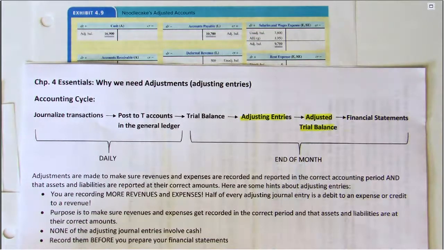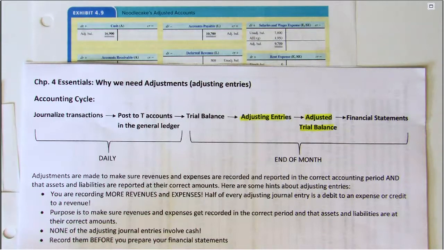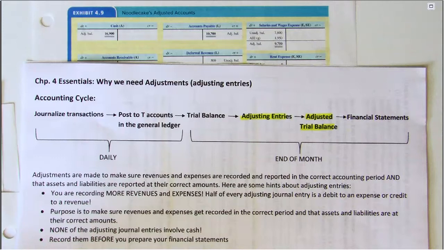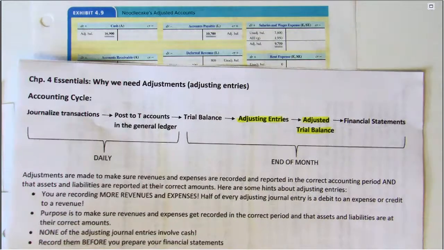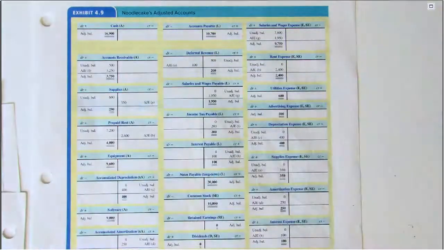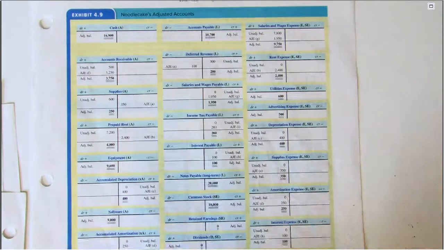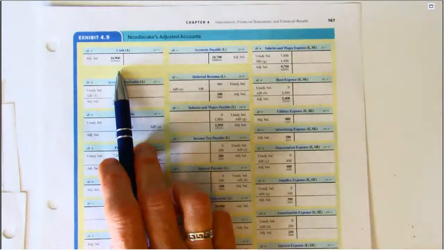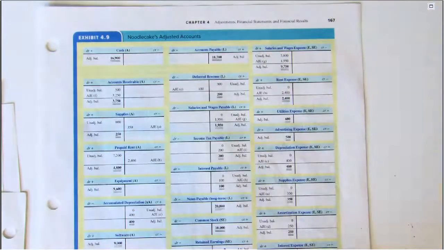After the adjusting entries have been made and posted, we do another trial balance, listing the account names and their adjusted balances to check on the equality of the recorded debits and credits. And we prepare this in just the same way that we prepared the unadjusted trial balance. We're simply going to list the name of the account and its balance on our adjusted trial balance.